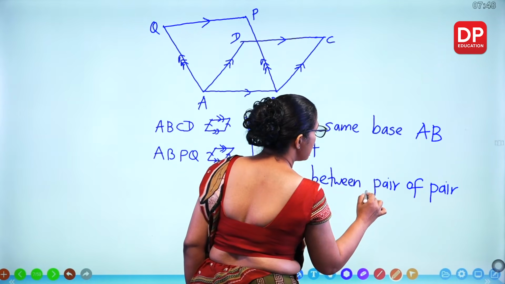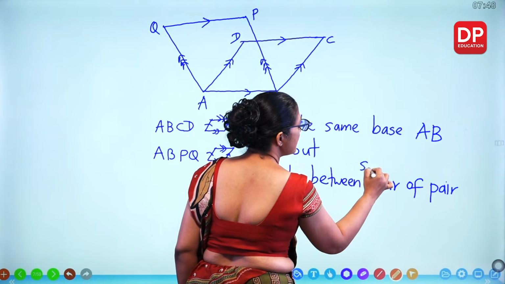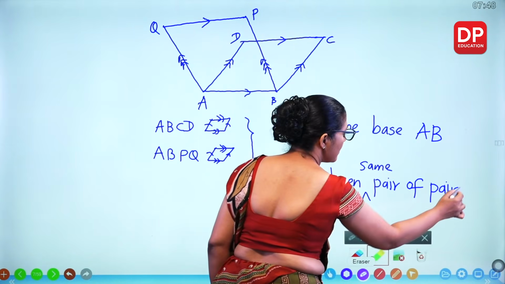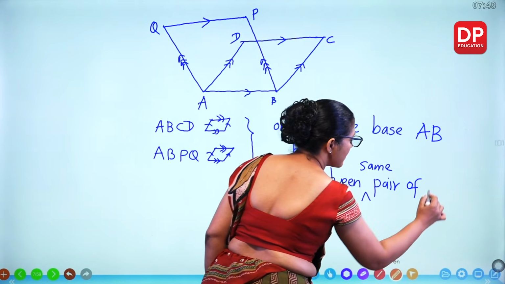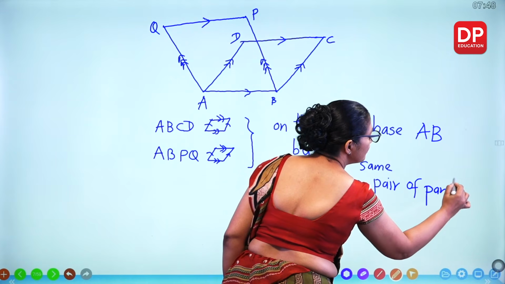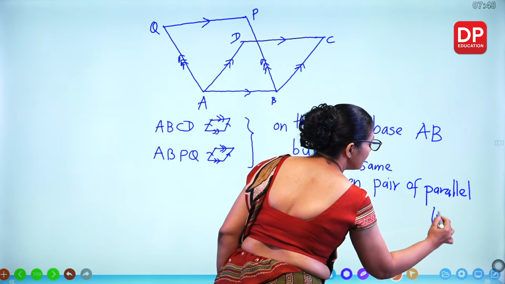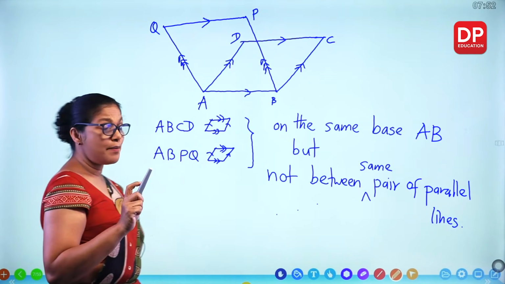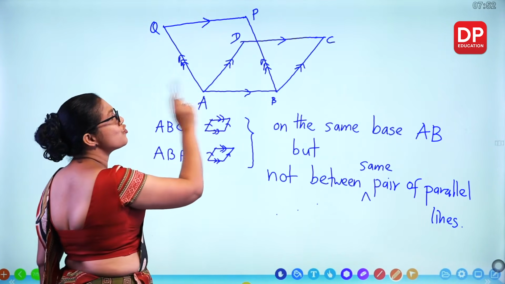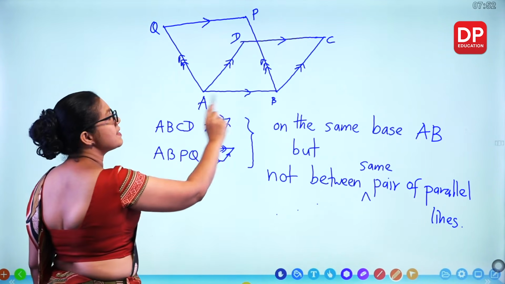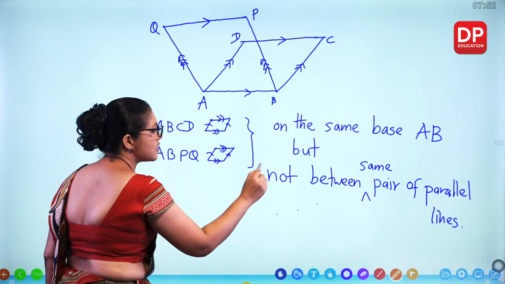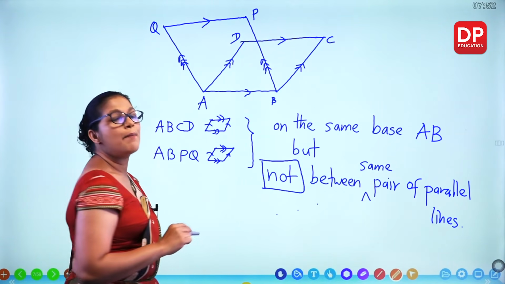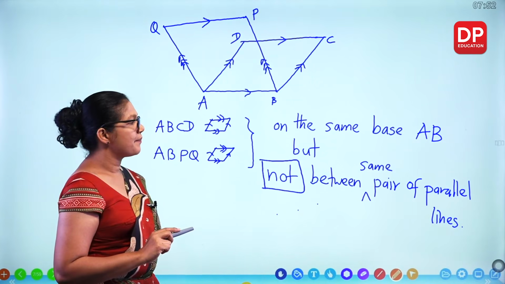I'll write the words same pair of parallel lines. So here in this diagram, we can see these two parallelograms on the same base but not between the same pair of parallel lines.